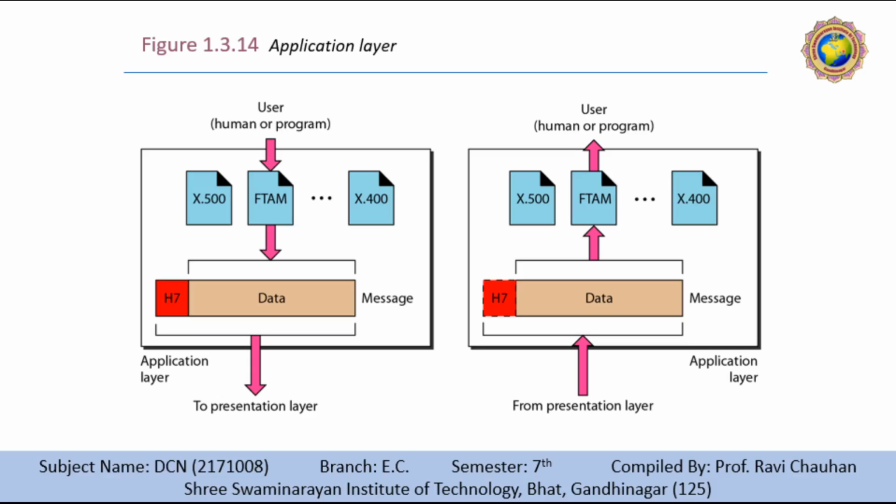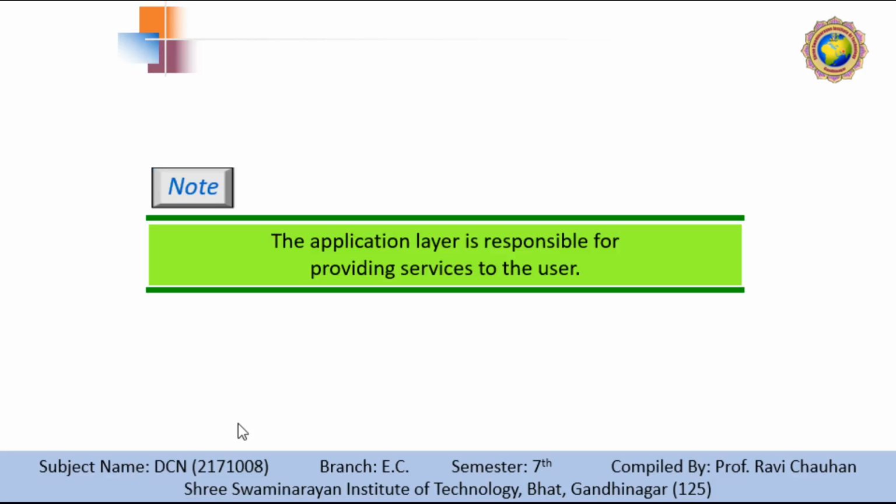We are going to see them in detail in our further chapters or units. The user in this example employs X.400 to send an email message. So we can say that the application layer is responsible for providing service to the user, as us.